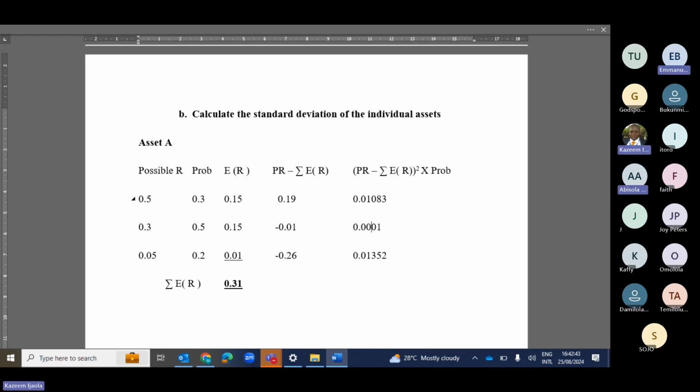It's supposed to be 5 raised to power minus 5, so all the zeros, including the decimal point, should be 5 in number. Yes, the last number should be 5, not 1. Okay, yes. Thank you. All right, give me the total, please.